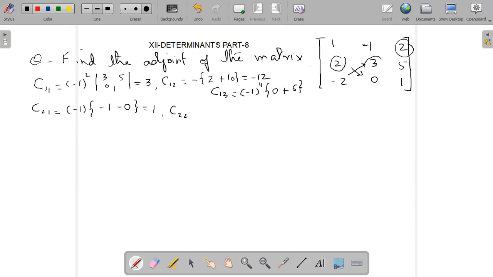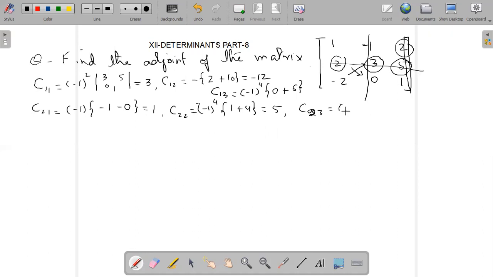C22: deleting its row and column, we get minus 1 raised to power 4, since 2 plus 2 is 4, so positive. 1 into 1 is 1, minus minus plus 2 times 2 is 4, 4 plus 1 is 5. Then C23, sorry, this number is in this row and this column.